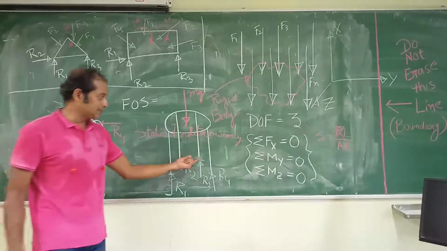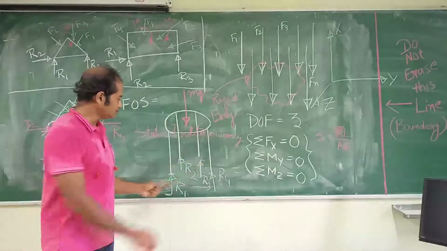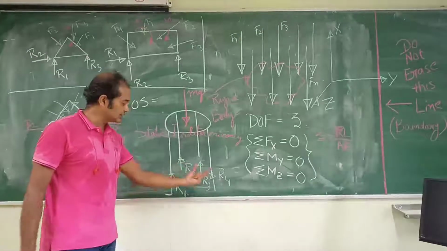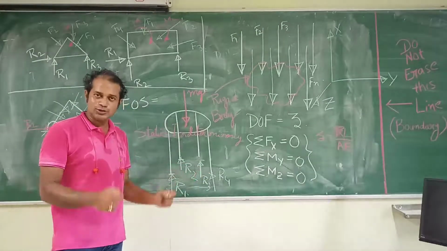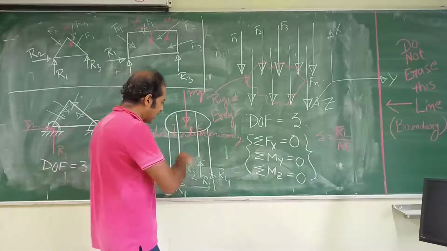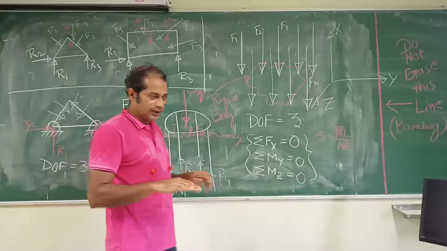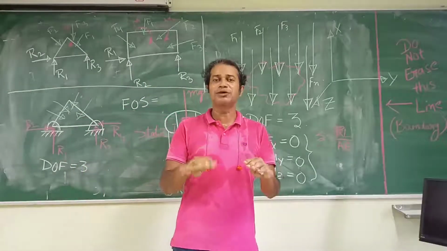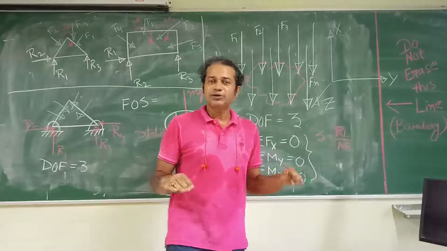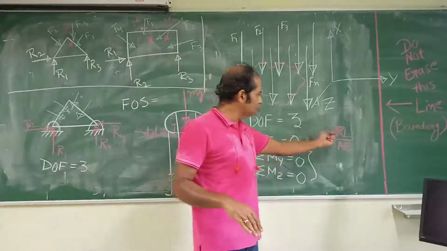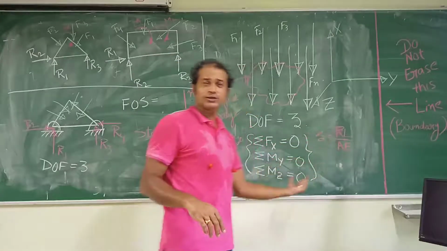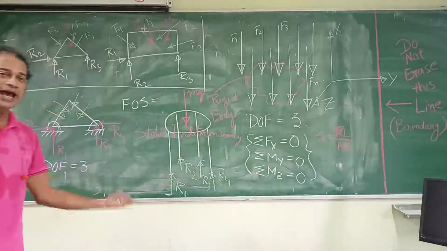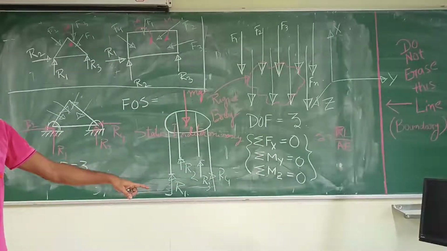That means if this length is shortened, all these other 3 members are subjected to a certain amount of force, and at the end they are going to make the same amount of length. So as a result, we are going to use RL by AE, another 4th equation we are going to invite, and from there we are going to solve it.